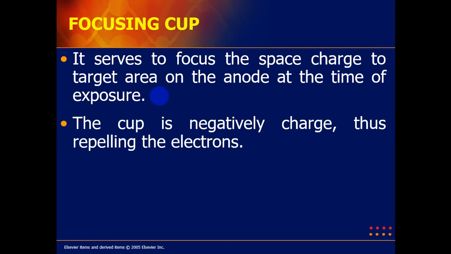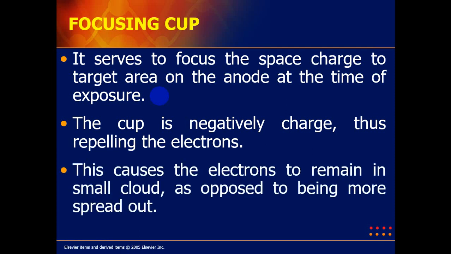Kasi nga, ang filament, both the filaments are negative. And then, the focusing cup naman is also negative. Di ba alam natin, the same charge repel? So, since magre-repel siya, wala siyang ibang pupuntahan, kundi mag-a-attract siya doon sa anode. Kaya nga, the X-ray is produced.